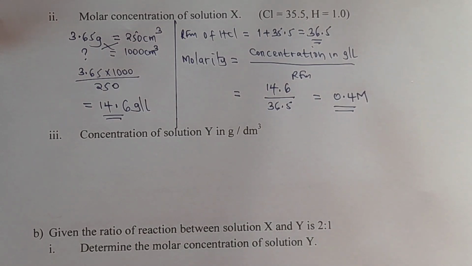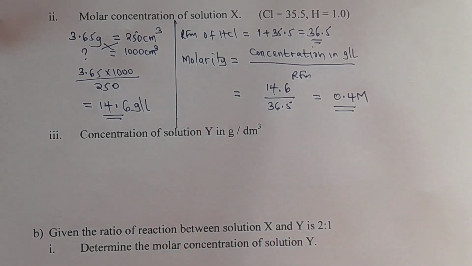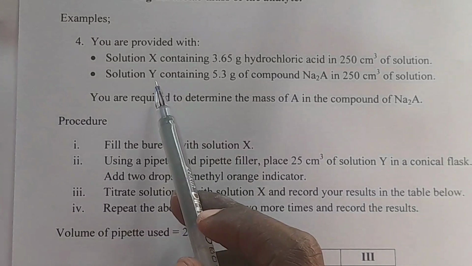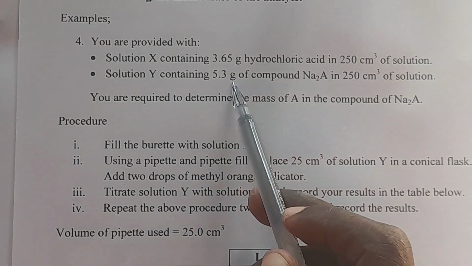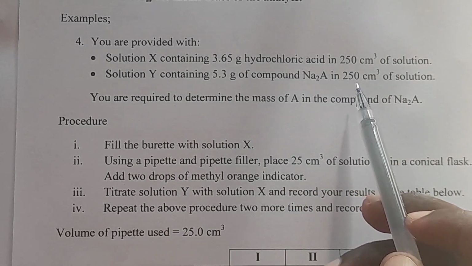Next, we are told to calculate the concentration of solution Y in grams per liter. So what information are we given on solution Y? We are given 5.3 grams of solution Y, which has been dissolved in 250 cm³ of solution.